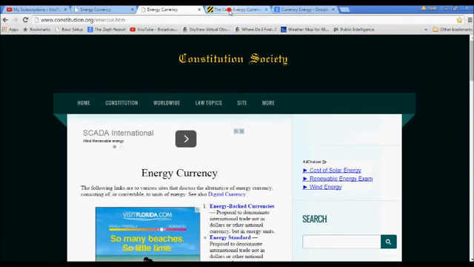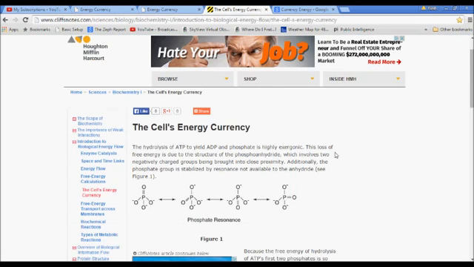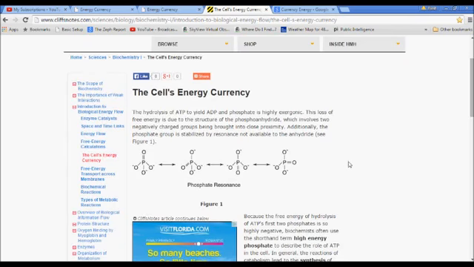And then this is just for cross-reference to see and understand how this is all energy, and here's an example of currency. The cell's energy currency. The hydrolysis of ATP to yield ADP and phosphate is highly exergonic. The loss of free energy is due to the structure of, and you can go on to read this.